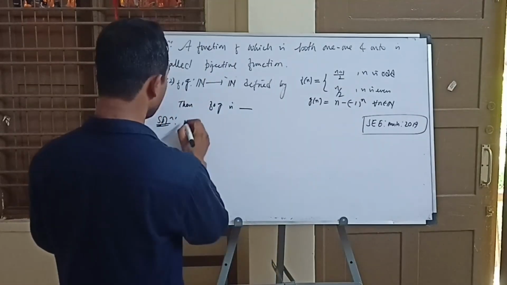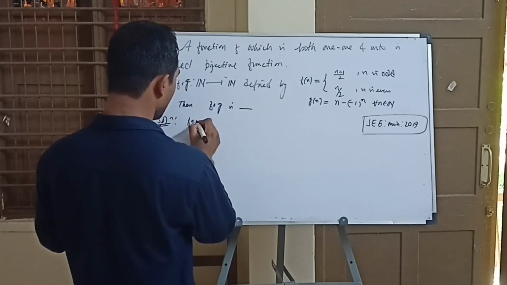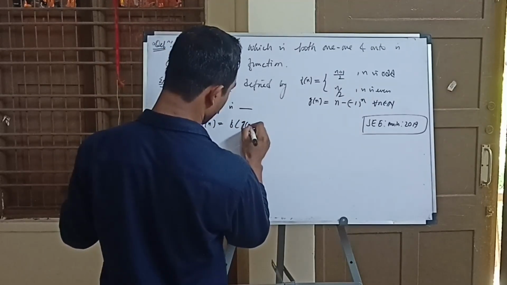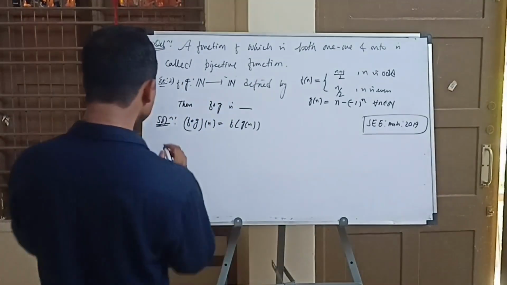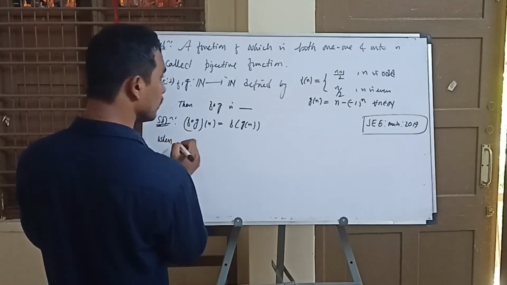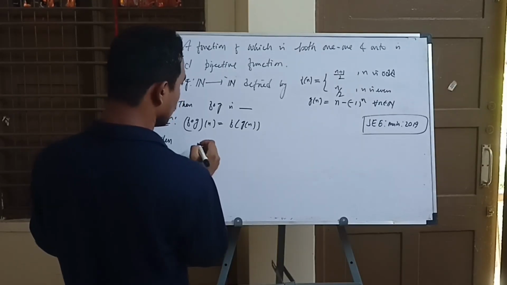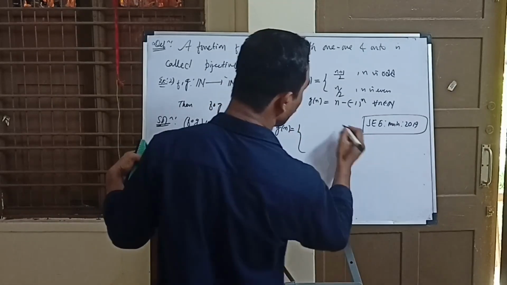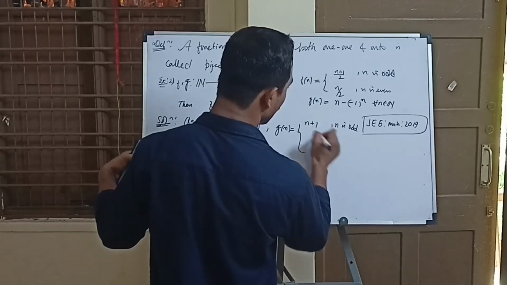Solution. Here f composition g of n is f of g of n, correct? Now here g of n is what? When n is odd, g of n is n plus 1.